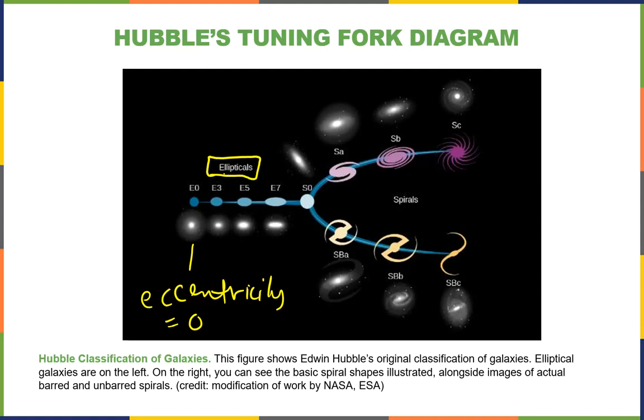Now, what would make it wrap tighter or not as tight? What pulls things in? Gravity. And so it does turn out like it would seem. The ones that have the arms pulled in tight have more gravity pulling them in.